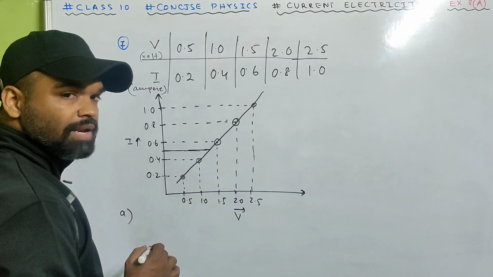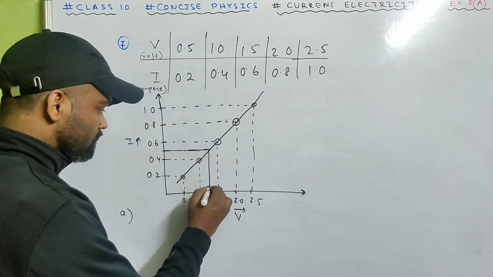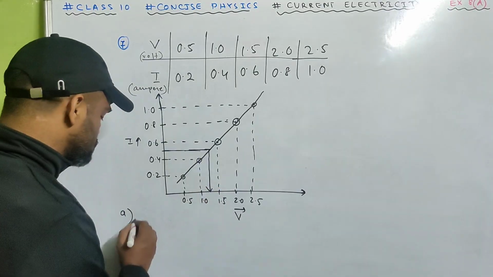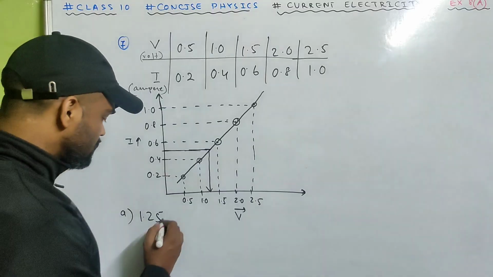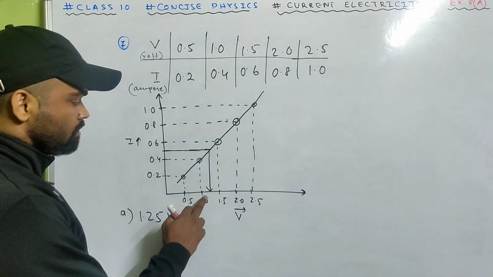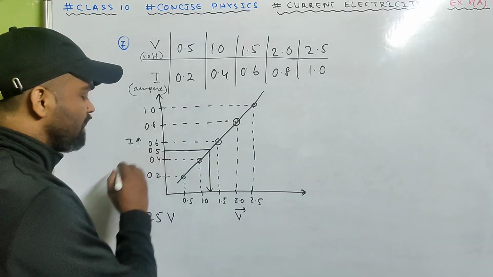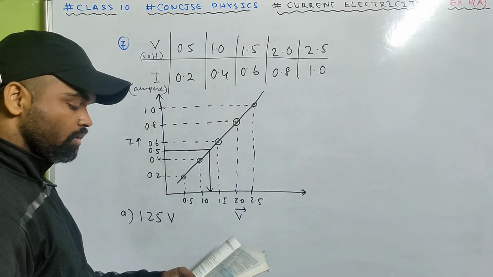It meets the line over here. Drop a perpendicular from there. Somewhere in between 1 and 1.5, which means 1.25, isn't it? So this is your answer corresponding to 0.5 ampere. The potential difference is 1.25 volt.